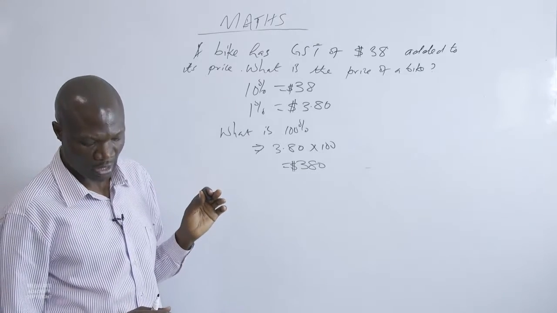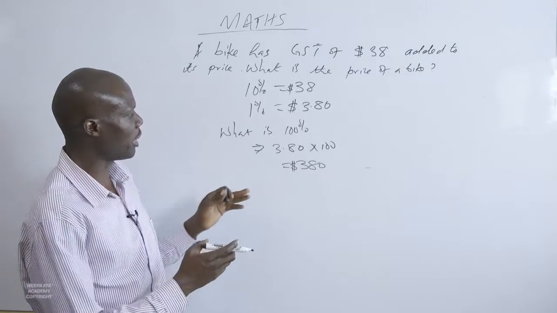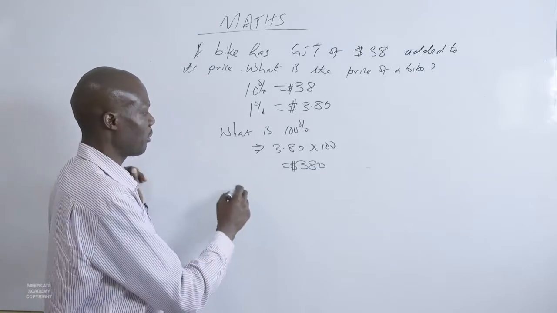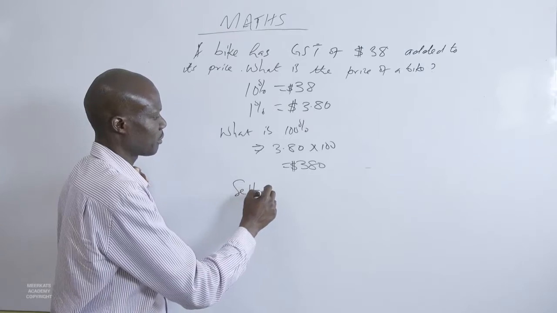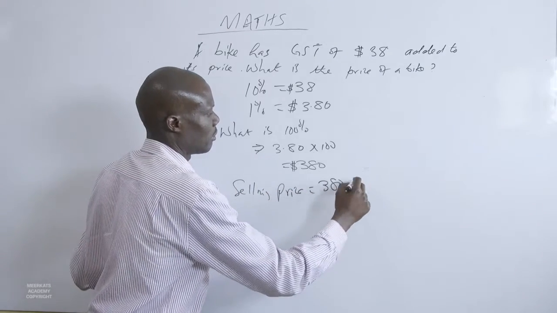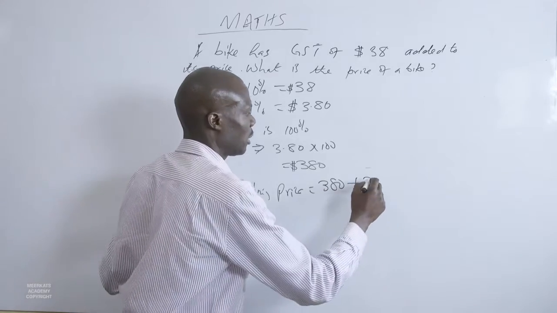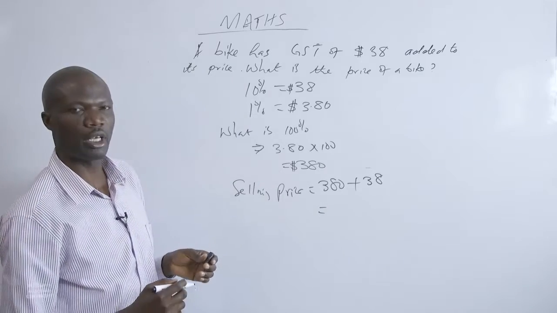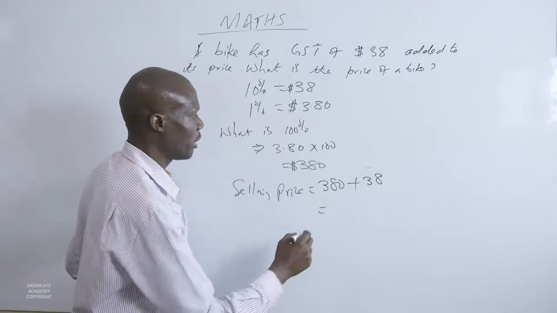So to find the total cost, we shall take 380, the selling price, plus the GST, which is that 38. When you add this together, it will give you $418.